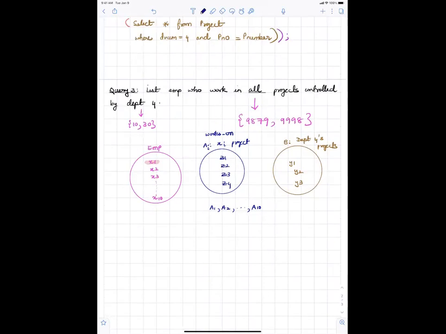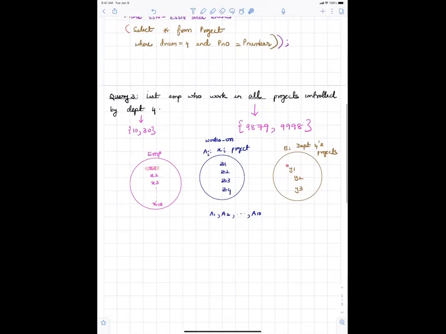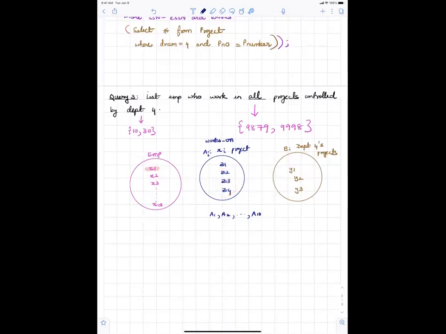So we want to list all the employees. Department 4 has 3 projects, Y1, Y2, and Y3. So we want to list employees who work on Y1, Y2, and Y3. They must have. So what we want to list is: Xi, an element of the employee set, will be listed if Y1, Y2, Y3 are all elements of Ai.